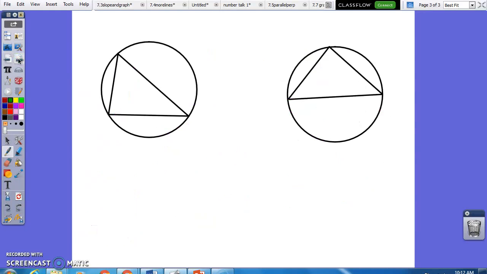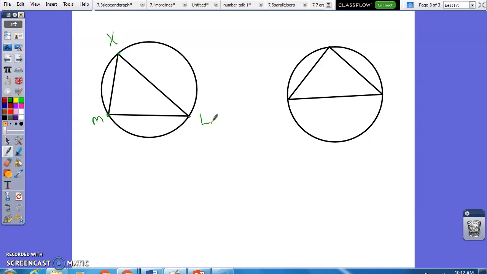One last problem, or maybe two problems. In a triangle, the sum of the angles all add up to 180 degrees. We remember that. So let's call this one M, X, and L. We might know the arcs, we might know the angles, we've got to be able to go back and forth.